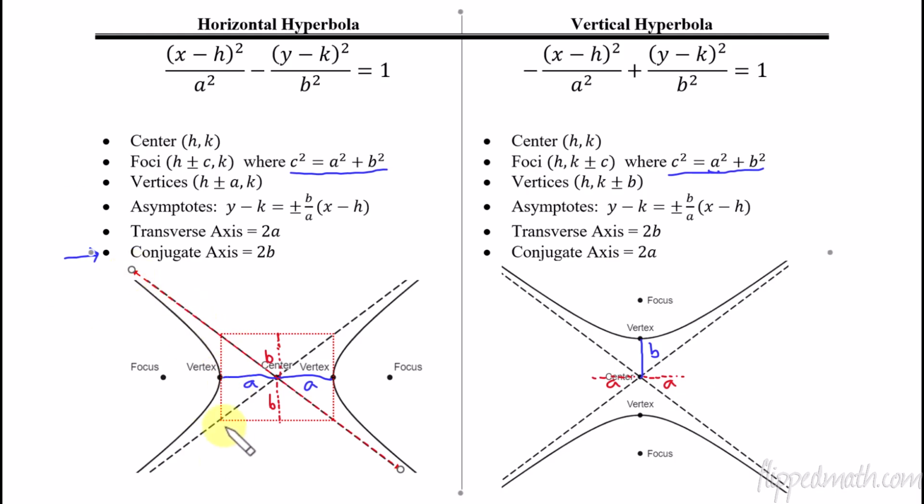So I'll do another one. I go from this corner to this corner. That's the asymptote, and then I just extend it out. The reason these asymptotes are important is because these slant asymptotes are what the branches of the hyperbola approach. So that's what this represents here: the graph approaching these asymptotes.